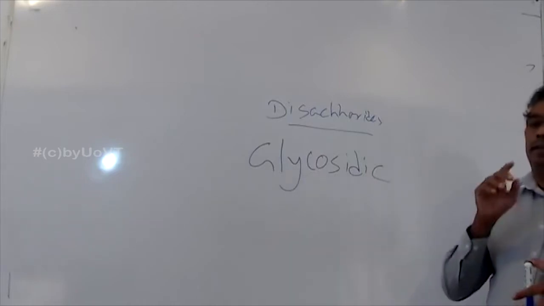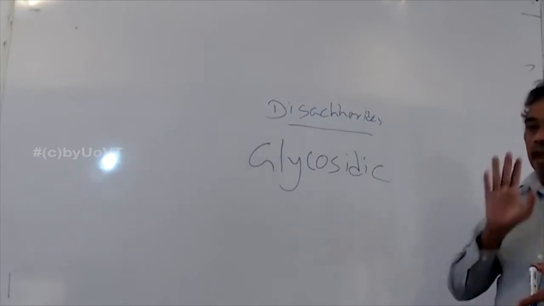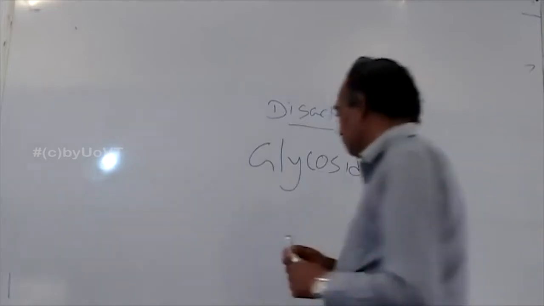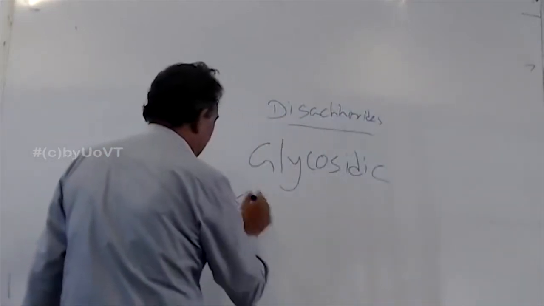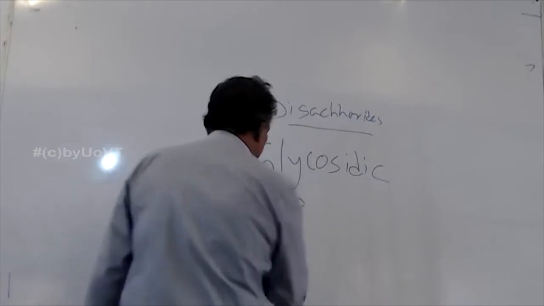So this linkage can be alpha or beta. Now you know what alpha and beta are. This linkage can be alpha or beta.